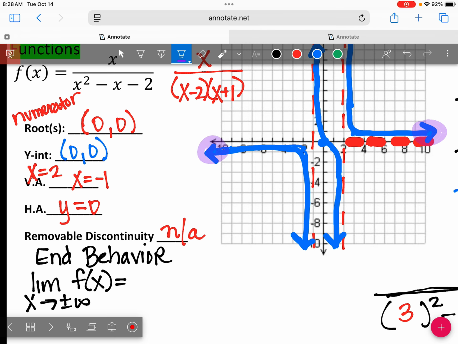I'm not talking about what's happening in the middle, because that is not on the end. Can we agree with that? What are my arrows doing on the end? Can we agree that they're going straight? They're not going up towards positive infinity, they're not going down towards negative infinity. They're both constant. And they're constant going towards what number? 0, which is my horizontal asymptote. And that would be your end behavior.